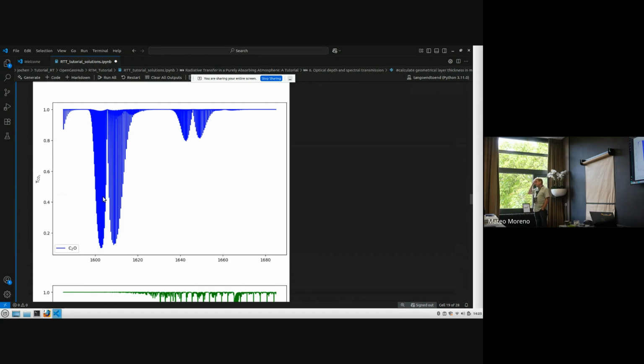But above I think 12 kilometers, you see decay in methane. In the stratosphere, there you have chemical reactions and the loss of methane, and you do see a loss in the profile. So I didn't account for that, to be really honest. But 1800 is a realistic value for the troposphere, this mixing ratio.